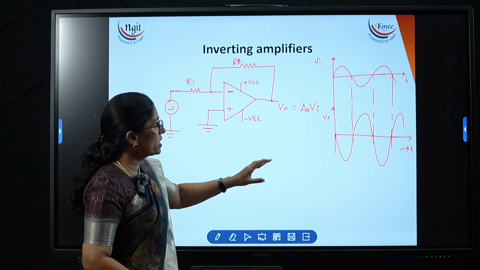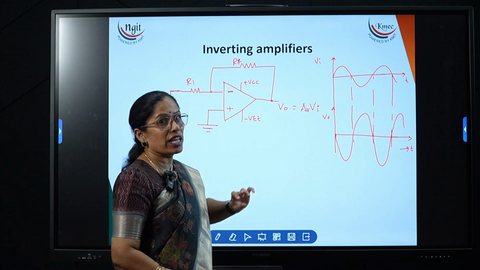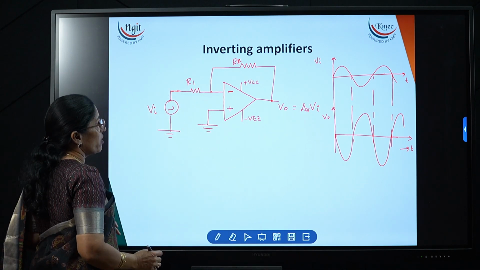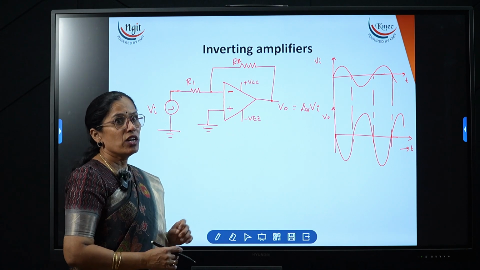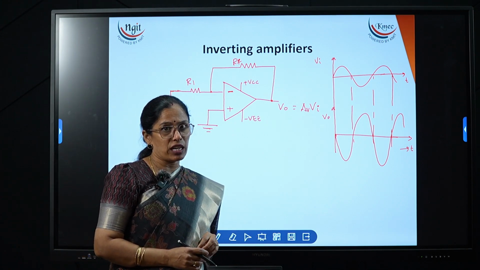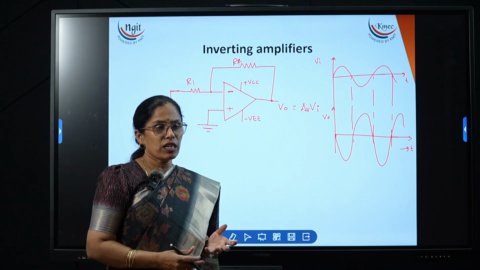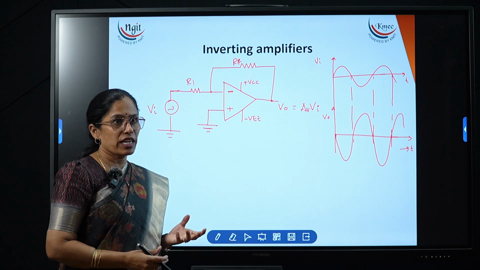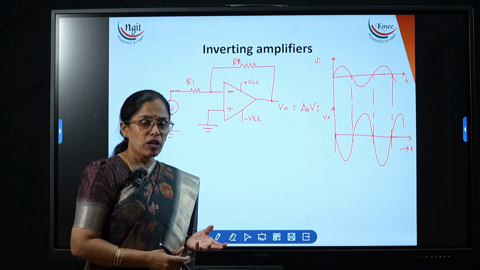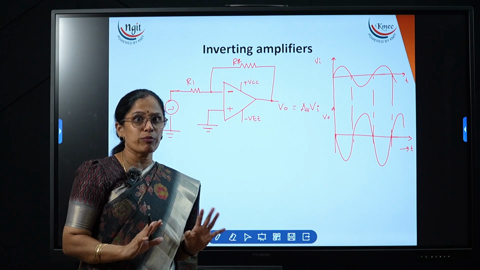Now what is the gain? How much it will amplify, we need to know about the gain. So how do we derive the expression for gain? For that you should have knowledge of nodal analysis, which I apply for all these applications. What is nodal analysis? It is nothing but applying KCL, Kirchhoff's current law, but assuming that all the currents are leaving that node.